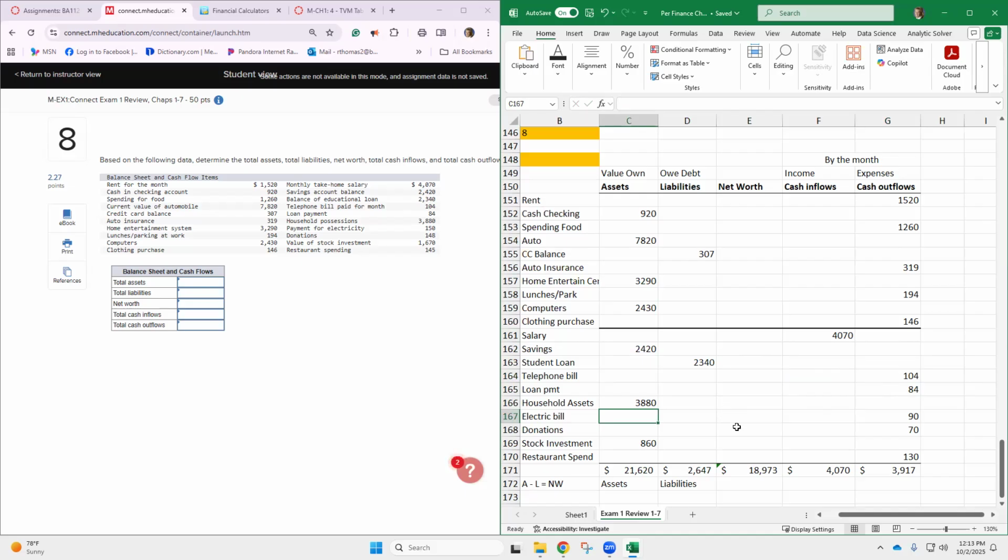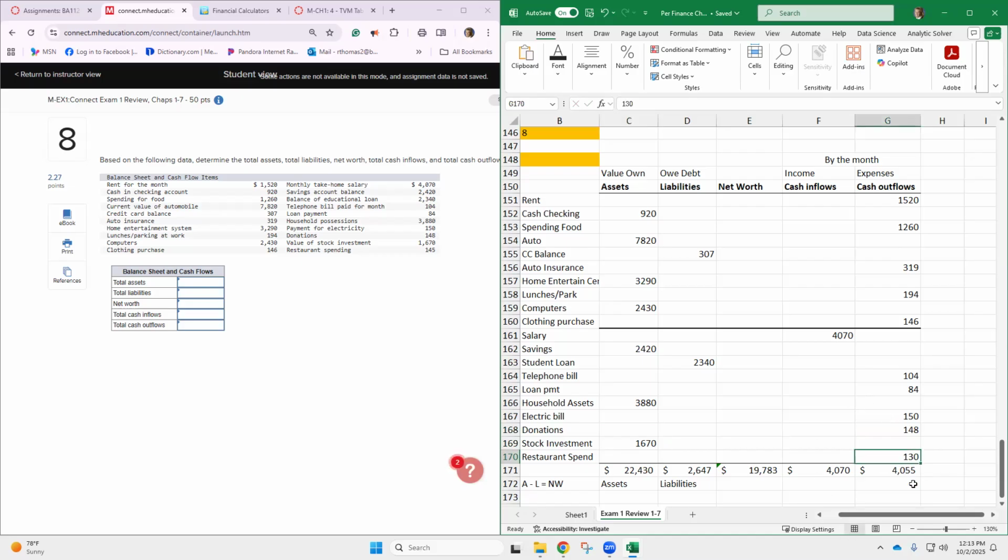Electric bill for the month, $150. Your donations for a month, $148. Your stock investment has a value that you could sell and get cash for. Okay, so there's the value of that.